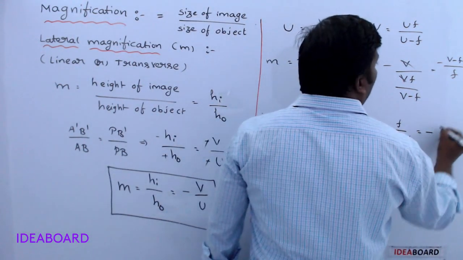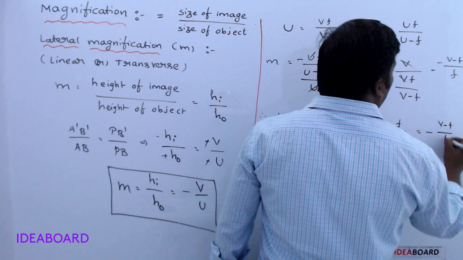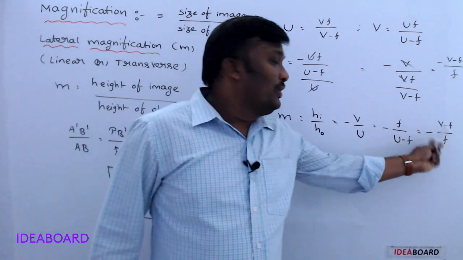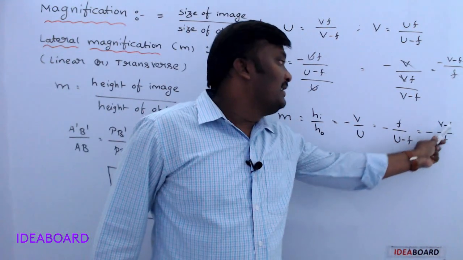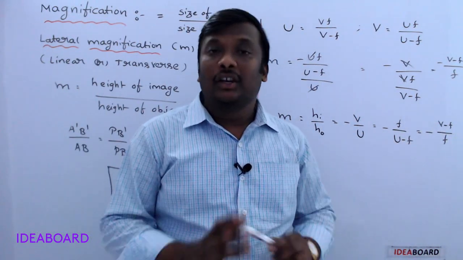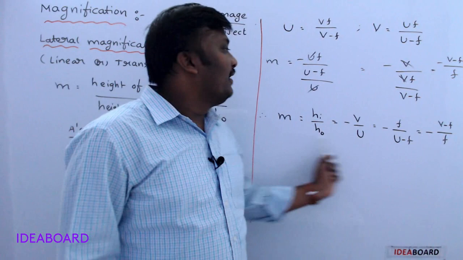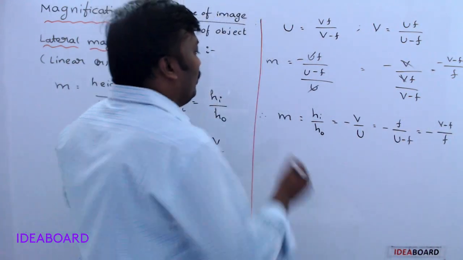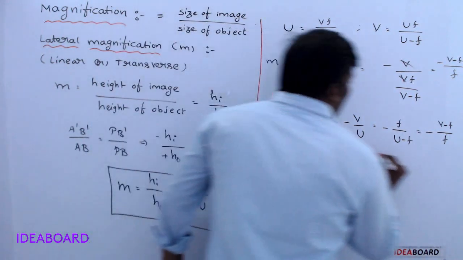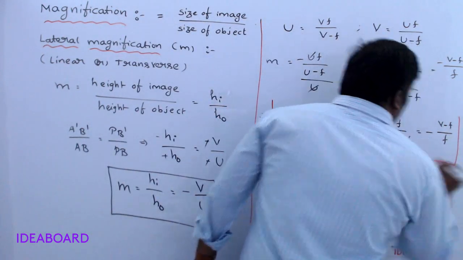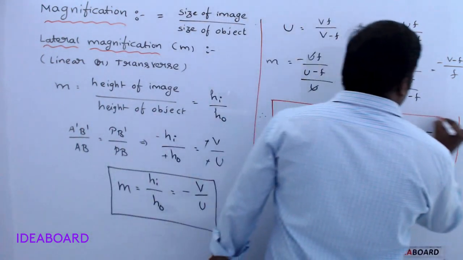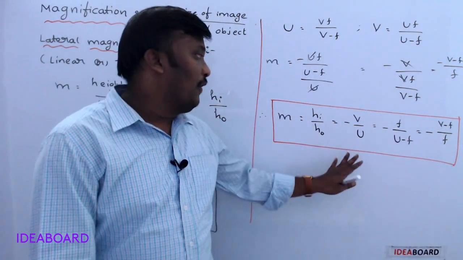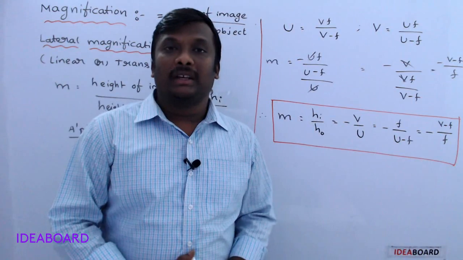Or minus v minus f by f. Okay, if the question contains image distance and focal length, then you may use the formula for the magnification, which is minus v minus f by f. Is it clear? So overall, what is the formula for the lateral magnification? This is the entire formula. You must remember this formula for solving the numericals.